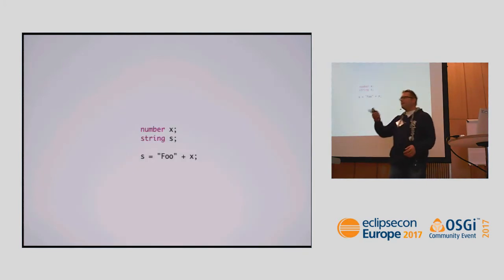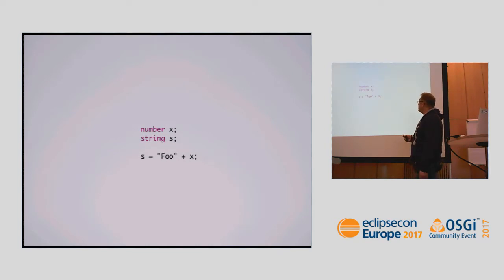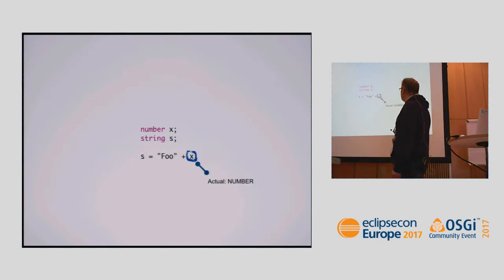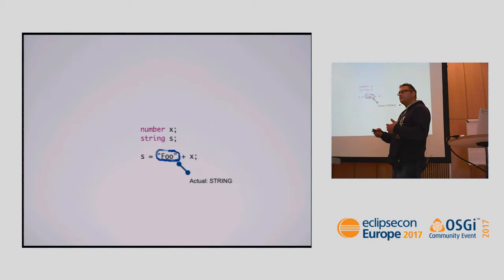Okay, now coming to Andreas' problem. What is actually actual type? What is expected type? Let's take this. We have a number and a string, and we have an assignment with a plus operation. This here is a number. That's the actual type of X. The actual type of that here is string. You will have some internal type system. For each type that you know, you will build some class or an enum or whatever. Somehow something that you can say this is a string, this is an integer.